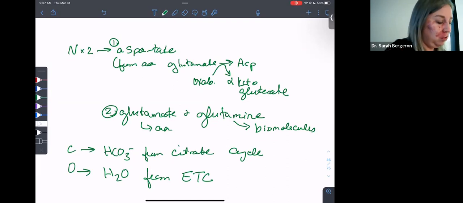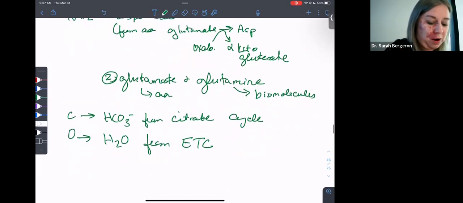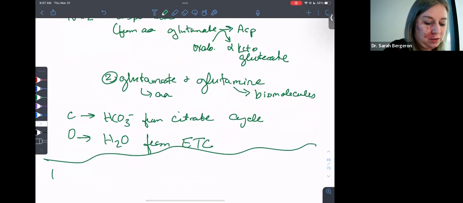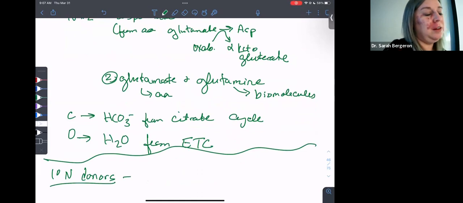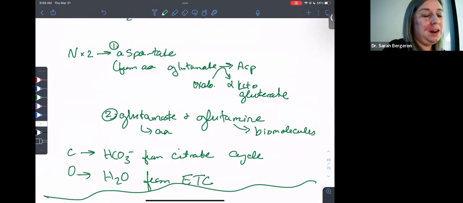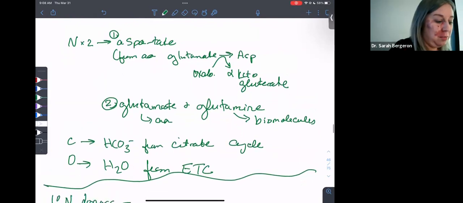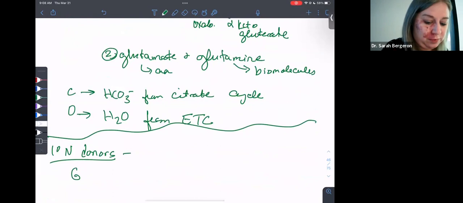Okay, so which 2 amino acids serve as primary nitrogen donors? Right, so really how many different things did we list up above for nitrogen source? We listed glutamate, glutamine, and aspartate, right? But we're saying the primary sources are what? Glutamate and glutamine.